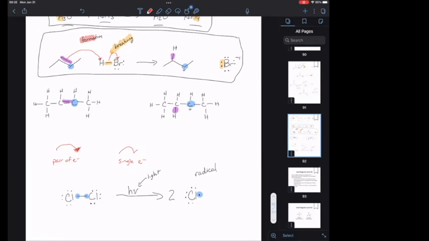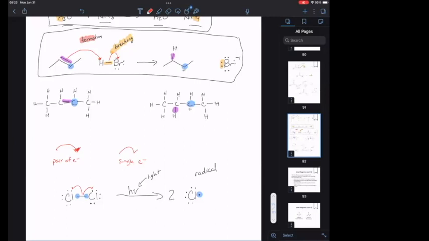To show the movement of this electron, use this single hook arrow to show that one electron is jumping onto that chlorine atom and the other electron is jumping onto that atom there. So there's kind of a bunny ears thing going on with these single arrows. That represents the movement of a single electron. So one electron is going one way, the other electron's going the other way.